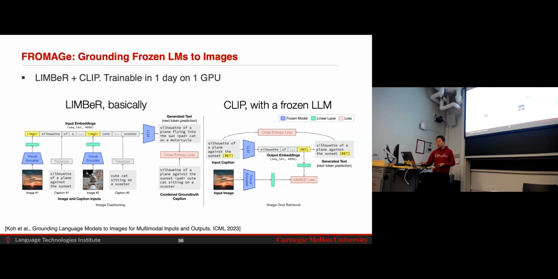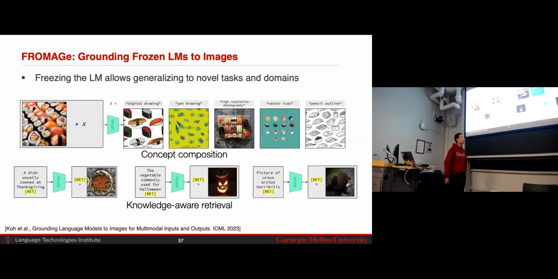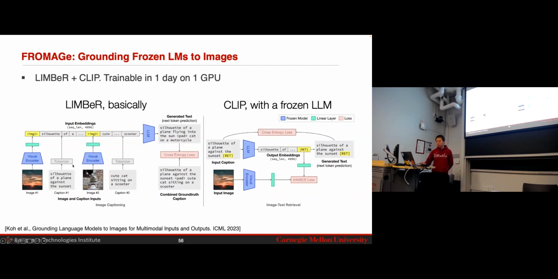Here's an example of getting these things to do generation. Again, it's basically an adapter-style model. You have images that go through a visual adapter, you have some captions, and you put all of that into a language model to generate some text. And I can use this text to also retrieve images.